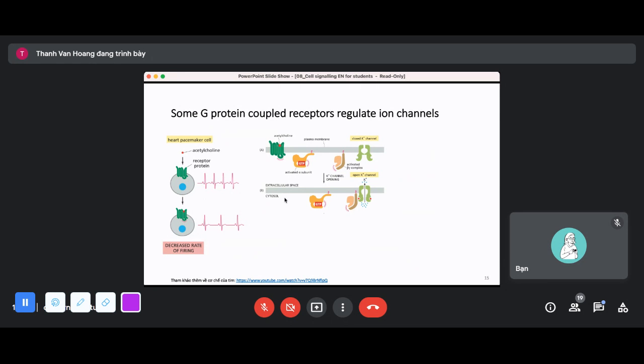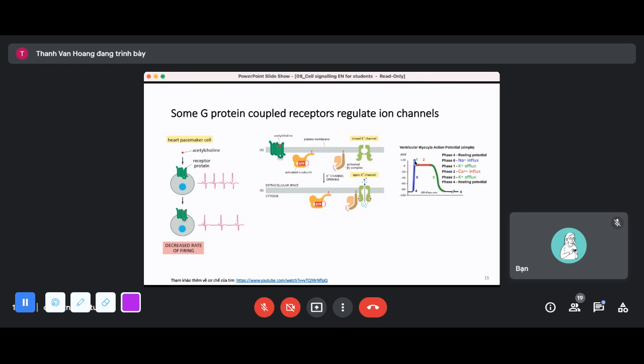Okay, so what happened with the heart cells? Normally the different ion channels coordinate to make a heartbeat, and it happens like this. A heartbeat happens when, at the beginning, the sodium channel opens, so sodium comes from outside the cells into the cells and makes the membrane go from negative to positive.